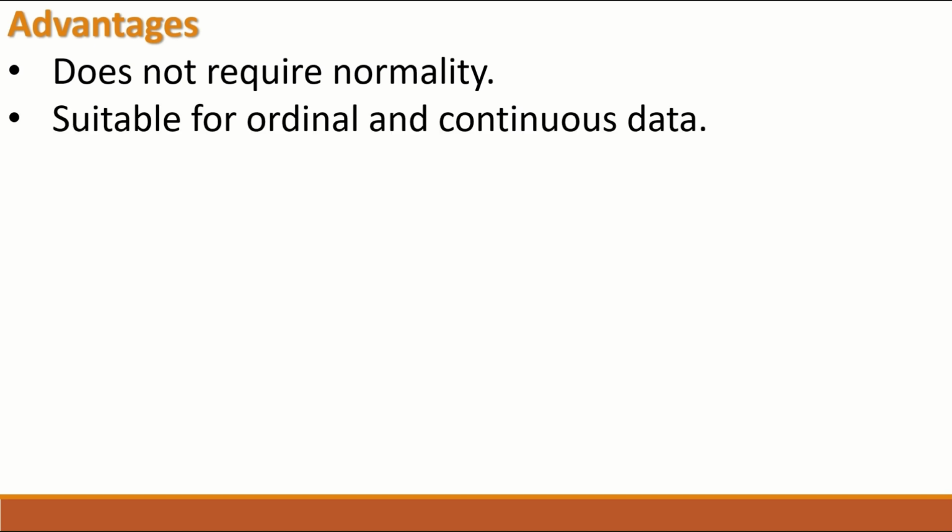The test is suitable for ordinal and continuous data that lacks normality. If the data are continuous and normal, then the paired t-test is the one to use. The test is also suitable when there are outliers. Outliers are extreme high or low scores that deviate from the rest of the data set.